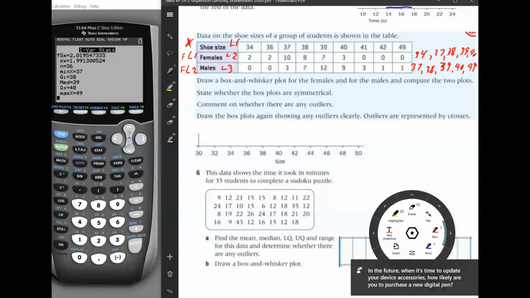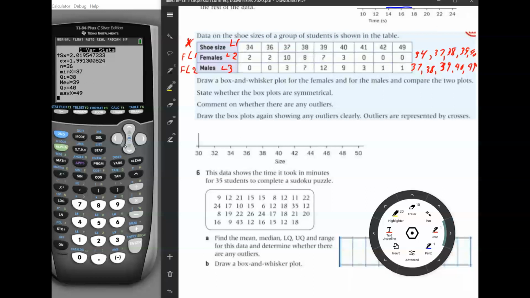Okay, so now I'm going to draw the box plots, and for the females I will use red, and for the men I will use blue. For the females, it would be 34, I'm going to just put my vertical lines first: 37, 38, 39, and 40.